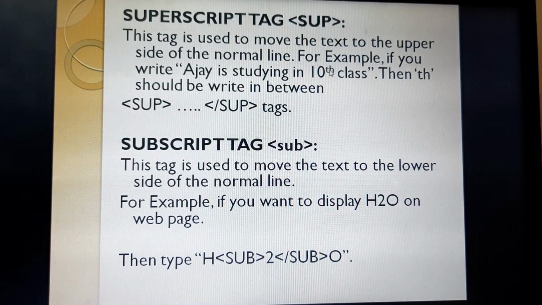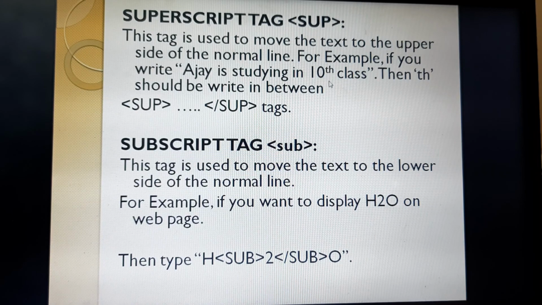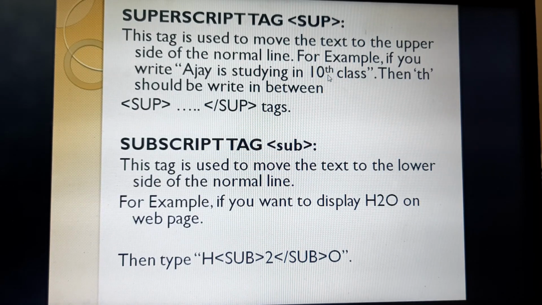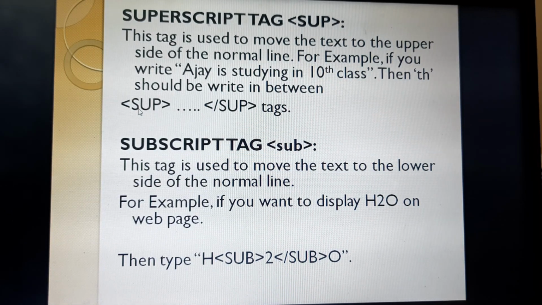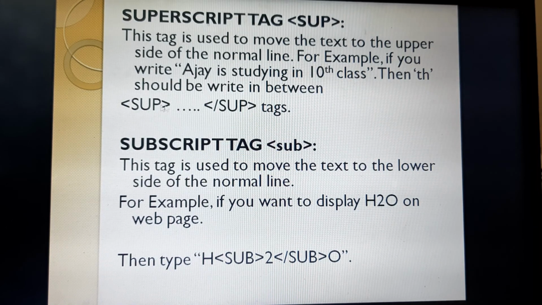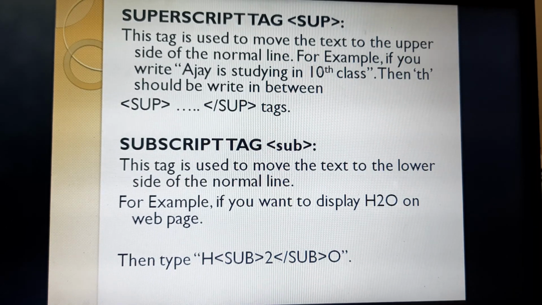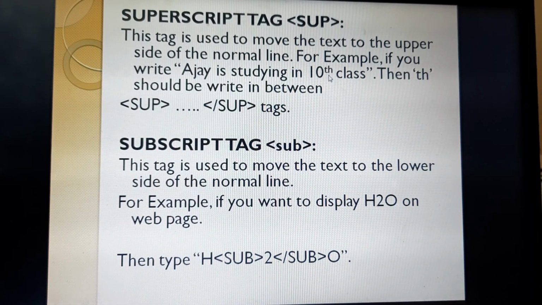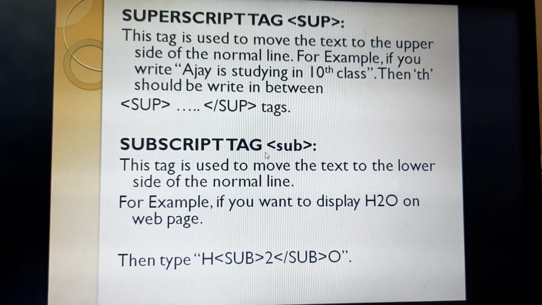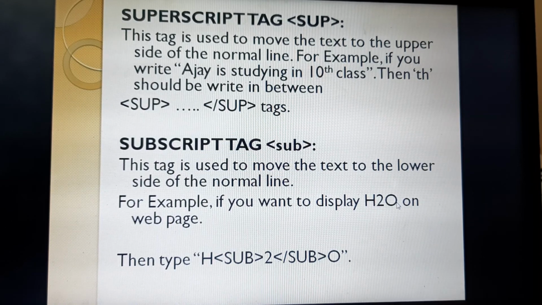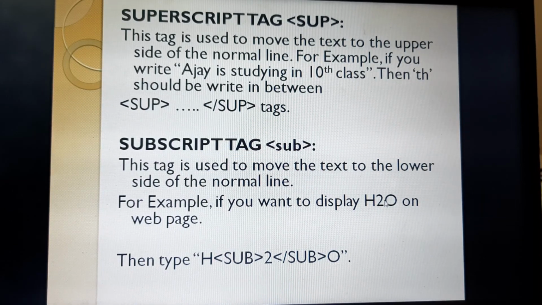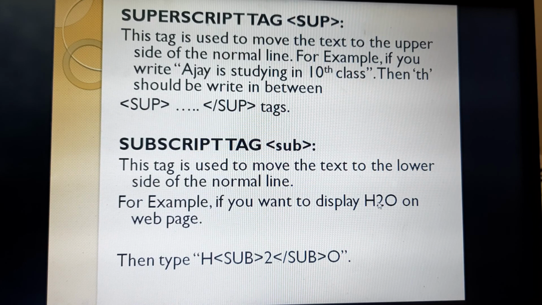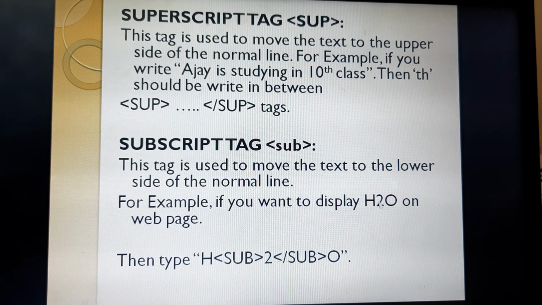Now what I need to do is mention only this th in sup tags, in between these two sup tags, so that the th will be displayed at the upper side of the 10. Similarly, the subscript tag. Now I want to display H2O. If I write H2O directly, the 2 will not be dropped.